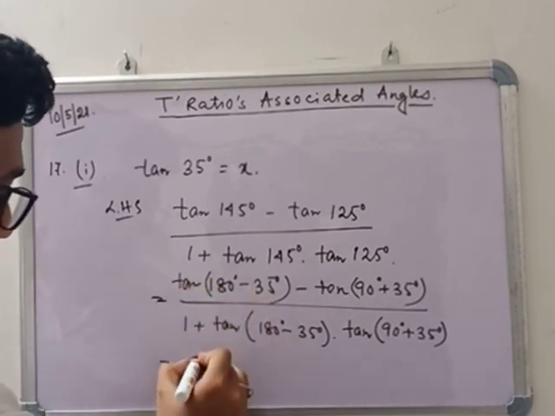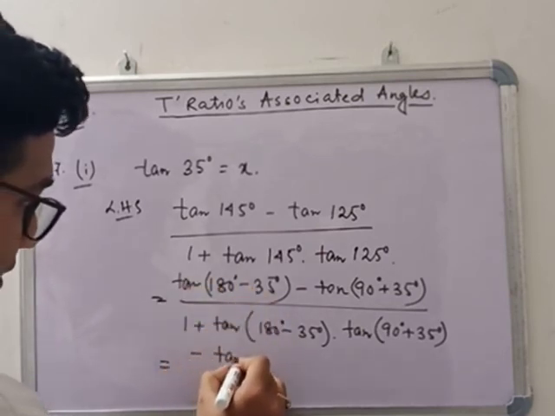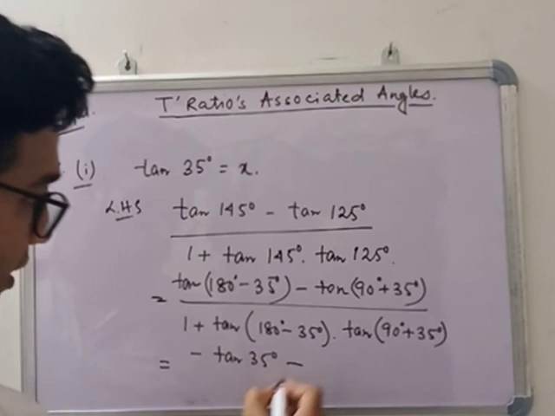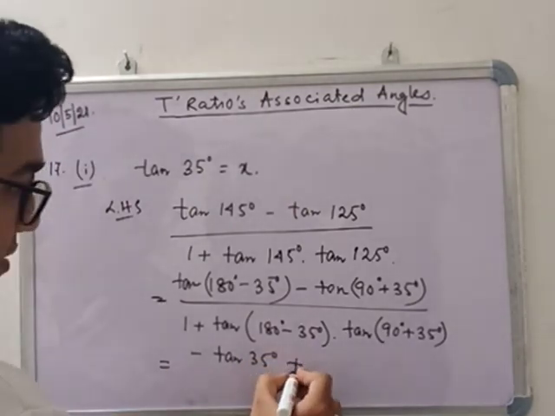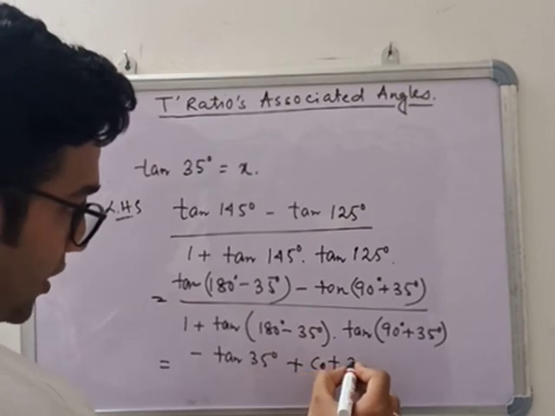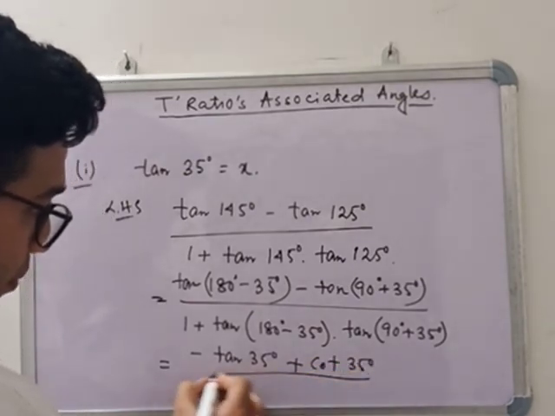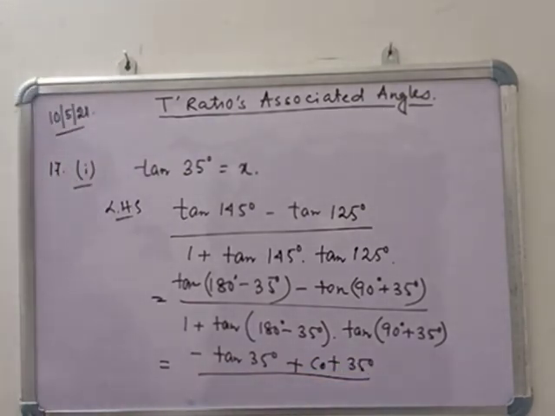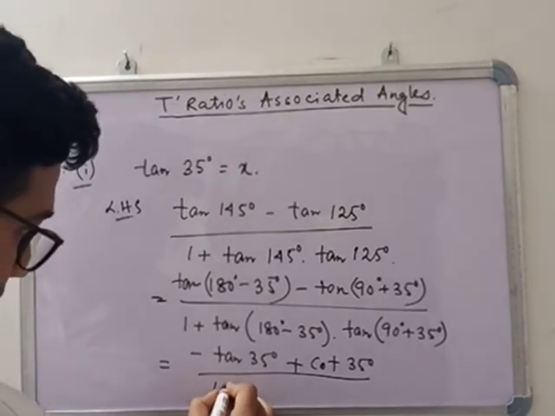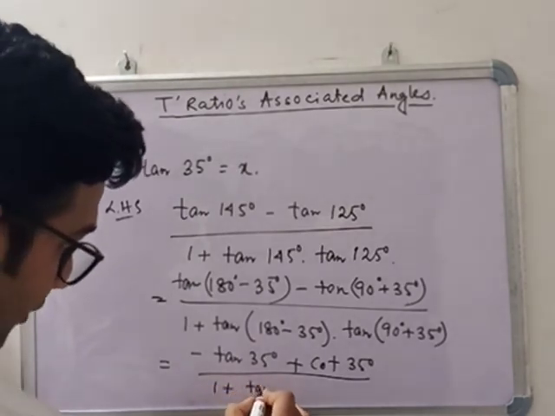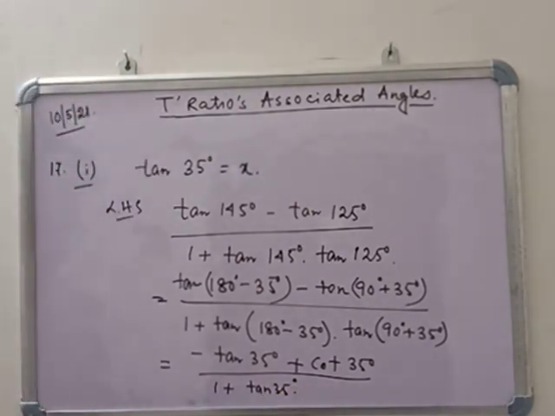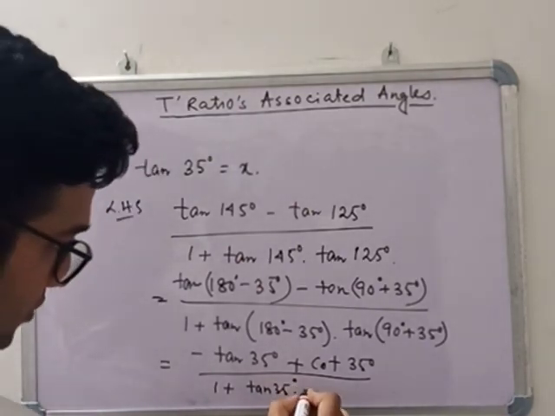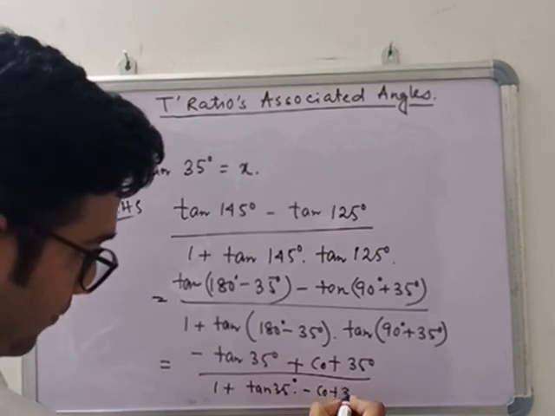So we can write here minus tan 35 degree minus of cot, that means plus cot 35 degree by 1 plus tan 35 into minus cot 35.